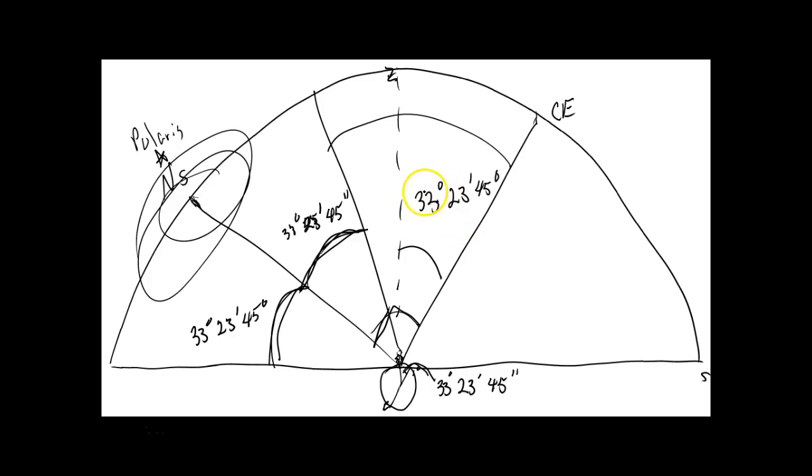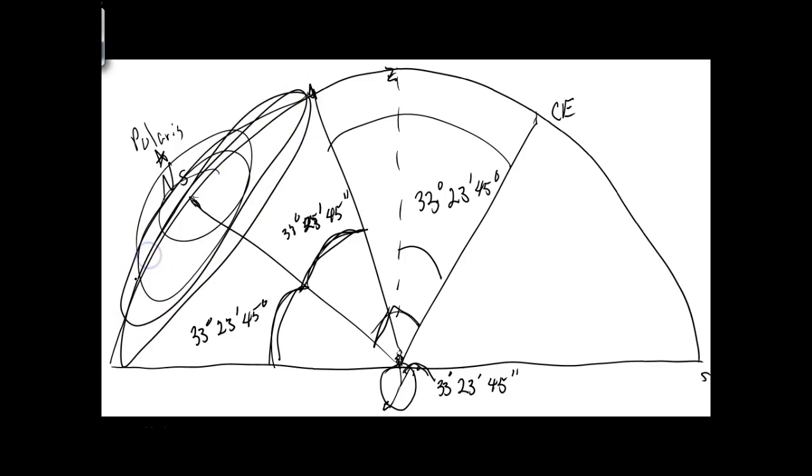You know that's got to be more than 33, 23, 45. And in fact, it would be exactly the difference between that and 90. If you subtract this from 90 degrees, that would be the declination of this star that never sets. It comes close, but never sets.